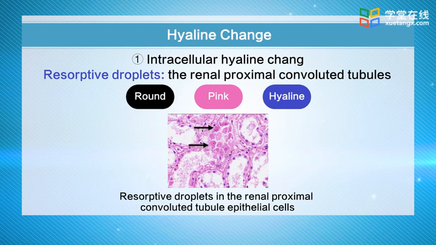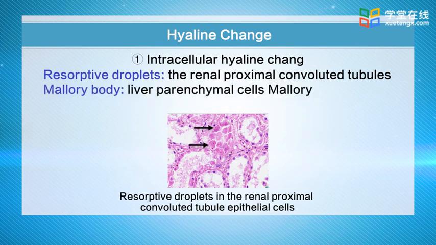These droplets contain plasma protein reabsorbed from the urine. Injury to liver parenchymal cells can cause aggregates of cytokeratin filaments, appearing as very distinctive cytoplasmic hyaline droplets. It is commonly seen after injury due to alcohol.